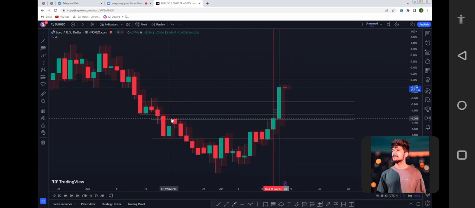Listen guys, this up candle before the down move, we know it's not a block, but now this up candle will act as a bullish order block. Price will go up when it was violated in this candle.